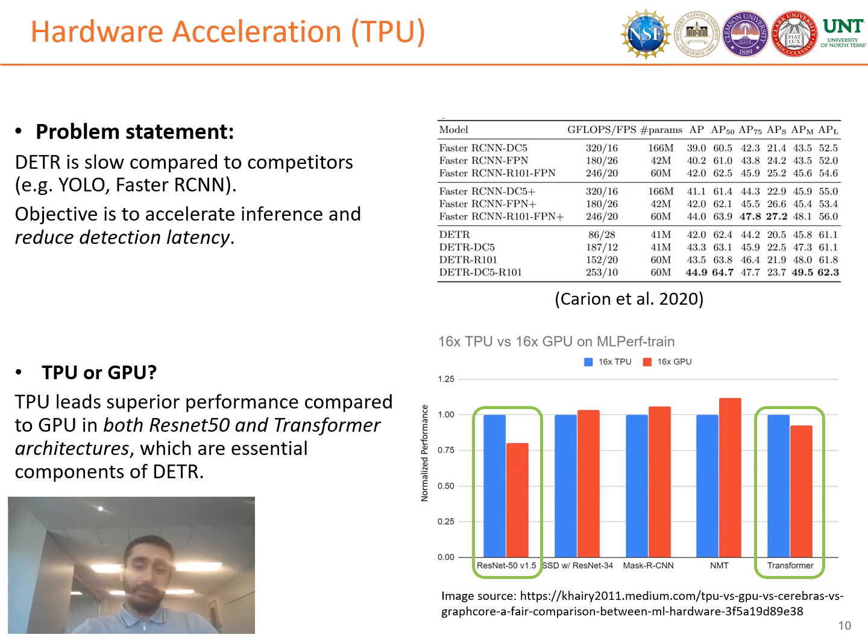Taking a look at the benchmarking table that compares different architectures and models, for the TPU and GPU, we can see that the TPU delivers superior performance compared to GPU in both transformer architecture and ResNet-50 models, which are the fundamental and key components of DETR. Therefore, we're going to stick to a TPU for the rest of our application to reduce the detection latency.